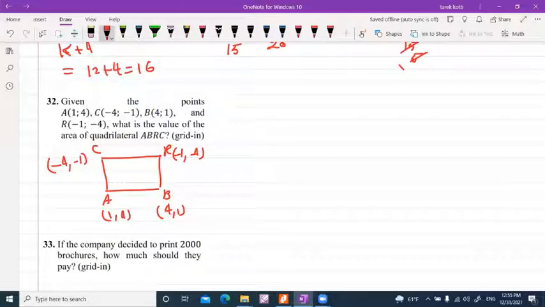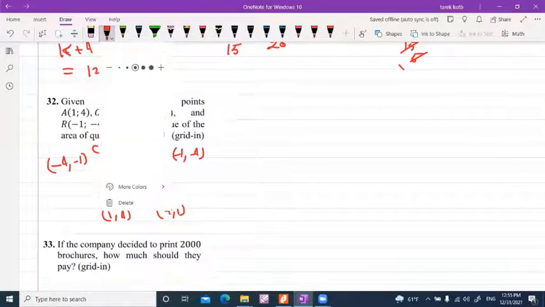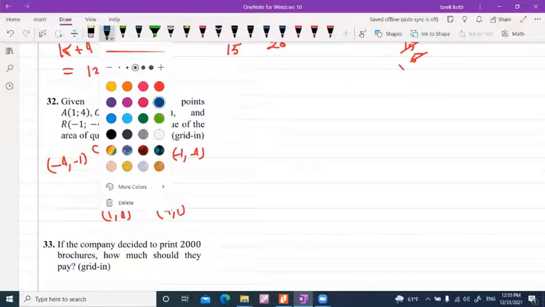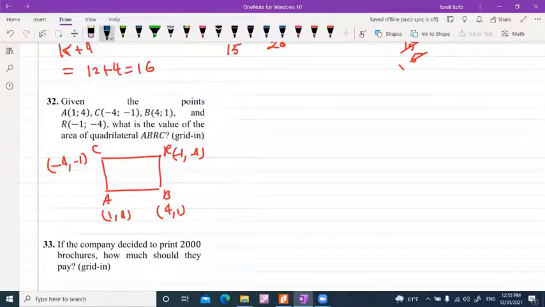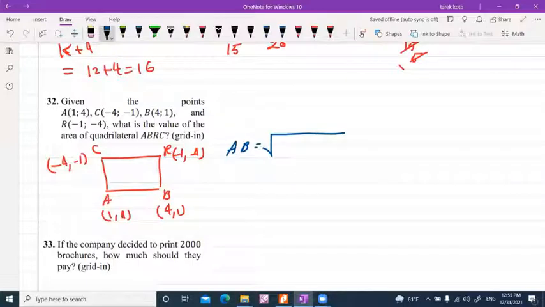I have to get the length of the sides. So let's see, how can you get the length of the sides? AB, for example. How can you get the length between two points? You get the difference in x squared plus the difference in y squared. So it will be 4 minus 1 squared plus 1 minus 4 squared, that gives me root 18.